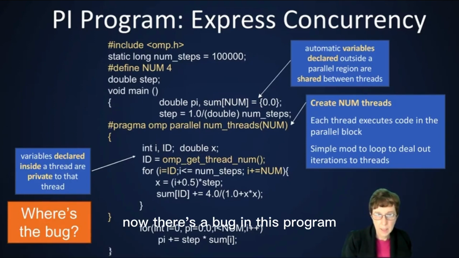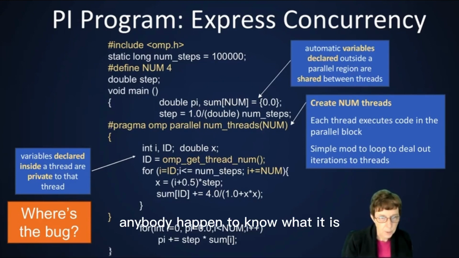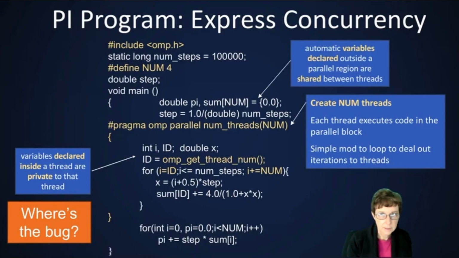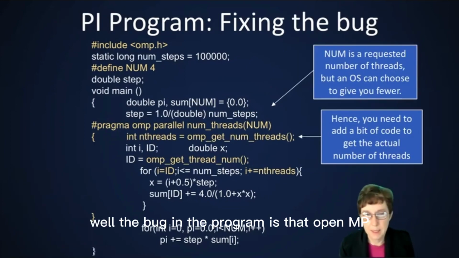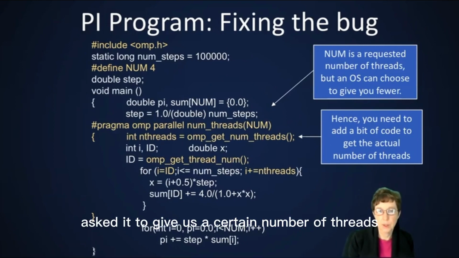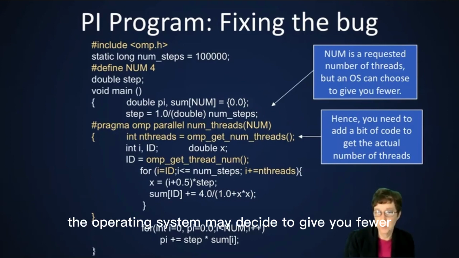Now there's a bug in this program, and does anybody happen to know what it is without cheating and looking at the slides? Okay, well, the bug in the program is that although we've asked OpenMP to give us a certain number of threads, technically the operating system may decide to give you fewer threads.